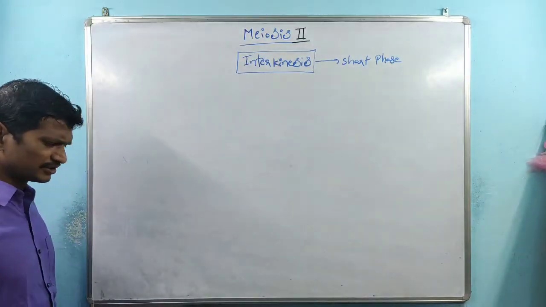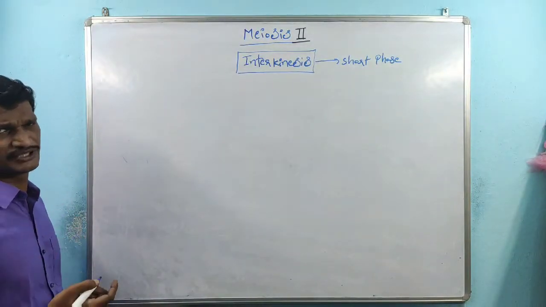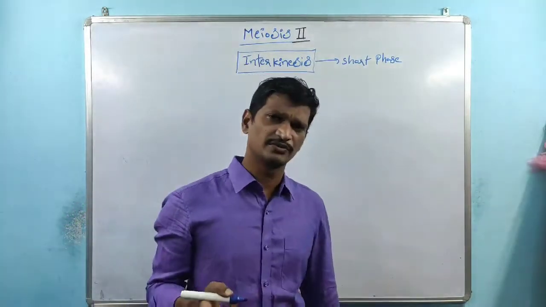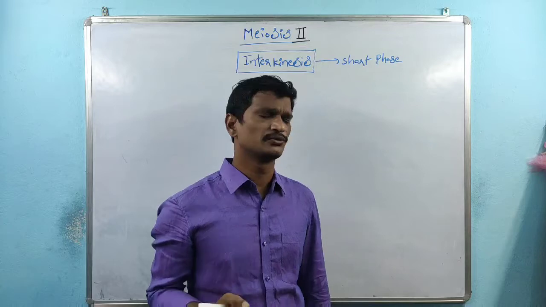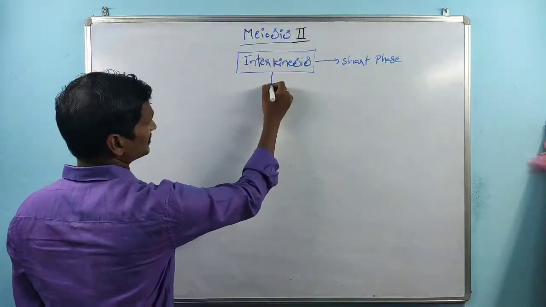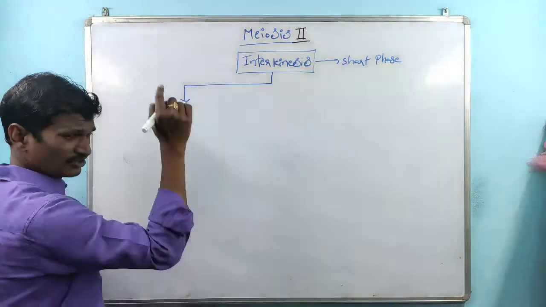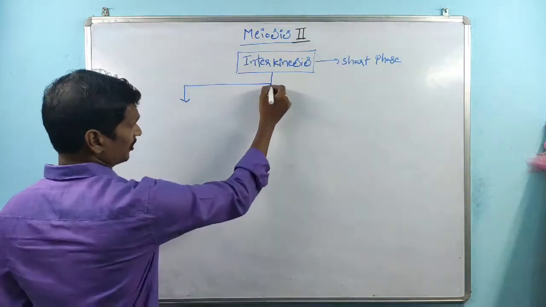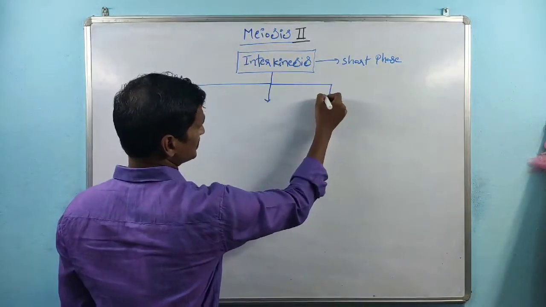Generally, in meiosis 1 there is an interphase containing the G1 phase, S phase, and G2 phase. But here, before meiosis 2, interkinesis is there. This is not called interphase 2 because DNA synthesis is absent.